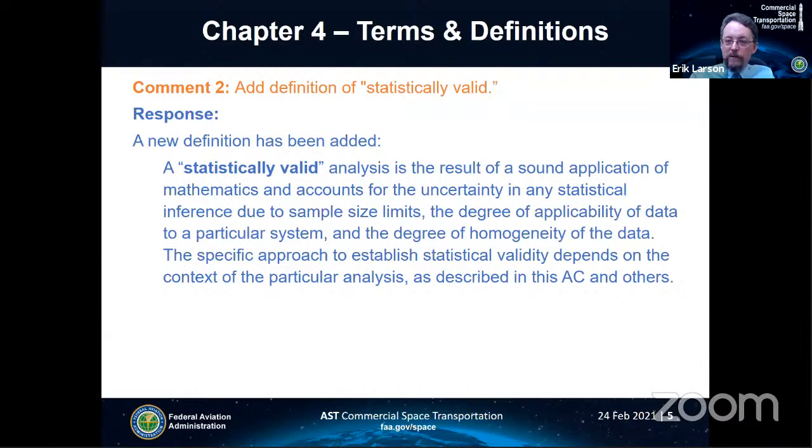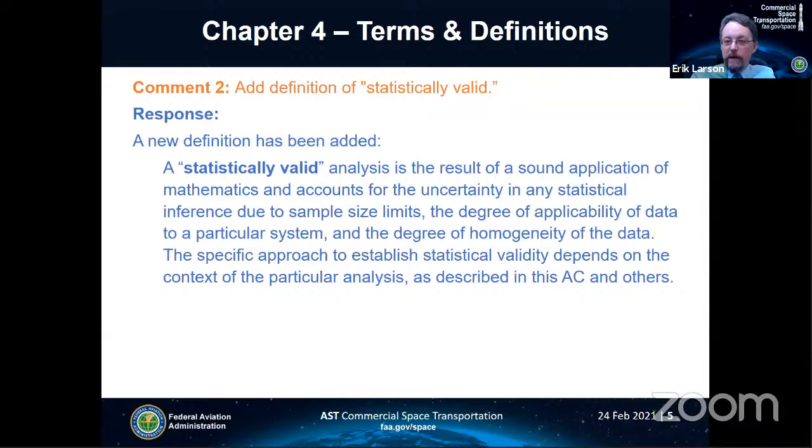Second request was for adding a definition of what statistically valid means. And so we are adding to the advisory circular another definition on this, and this comes out of text that was in the preamble, but also applying it here.